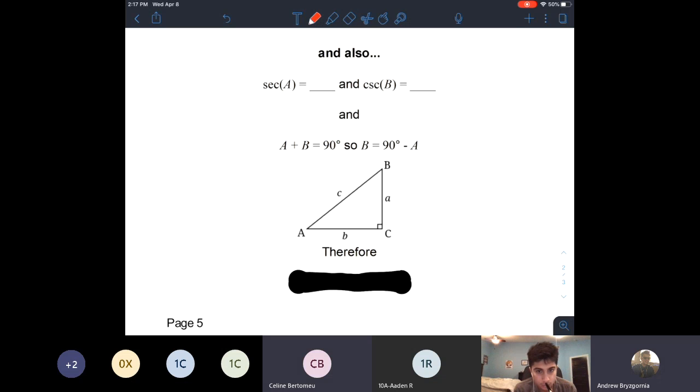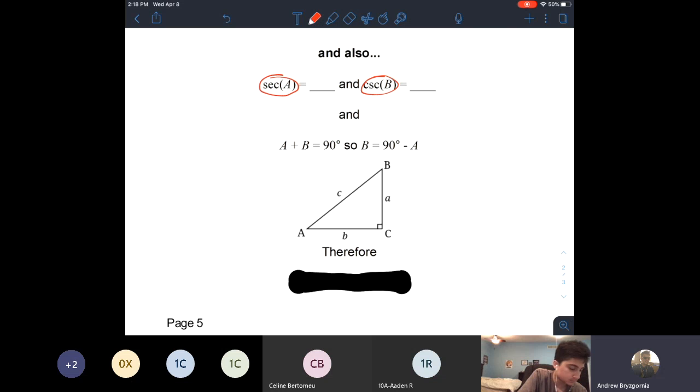So what may help is remembering either what is the reciprocal for secant or what is the reciprocal for cosecant. Or perhaps also, what's an alternate way to write secant?